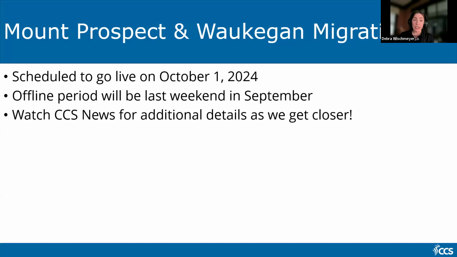Currently they are scheduled to go live in CCS on October 1st of this year, which means that the offline period for both those 2 new libraries and our existing CCS libraries will fall over that last weekend in September. So watch CCS News for additional details about that project as we get closer to the fall, which is going to be right around the corner. We're really excited to have those libraries join our team.